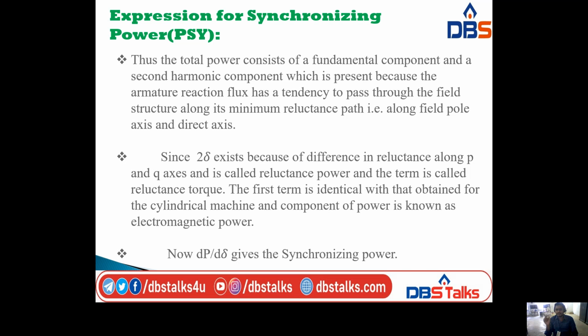And the sin 2 delta term exists because of the difference in reluctance along the P and Q axis and is called reluctance power, and the term is called reluctance torque. The first term is identical with that obtained for the cylindrical machine, and this component of power is known as electromagnetic power, and now dP by d delta gives the synchronizing power.